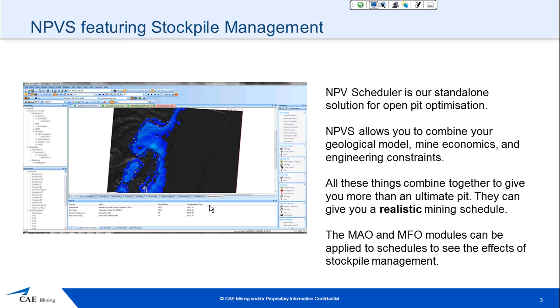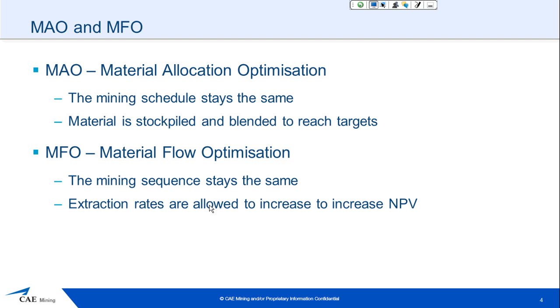So the MAO and MFO models are modules for the software that allow you to see the effects of stockpile management. MAO is the material allocation optimization. What it does is the mining schedule in the pit stays the same, but the destinations are changed.